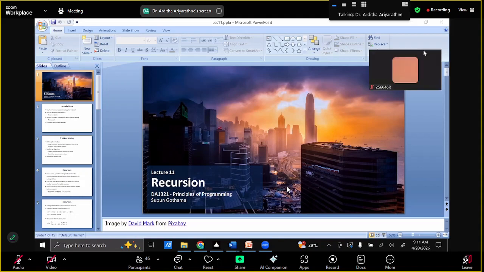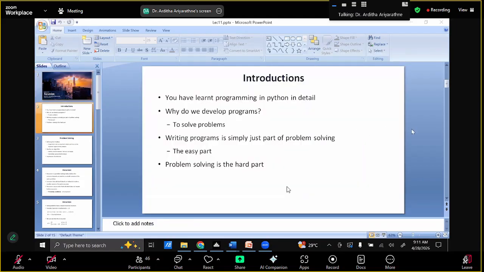First of all, we'll go for a small theoretical part. You have learned programming in Python in detail. Why do we develop programs? Now you know the answer: to solve problems. Writing programs is simply part of problem solving.